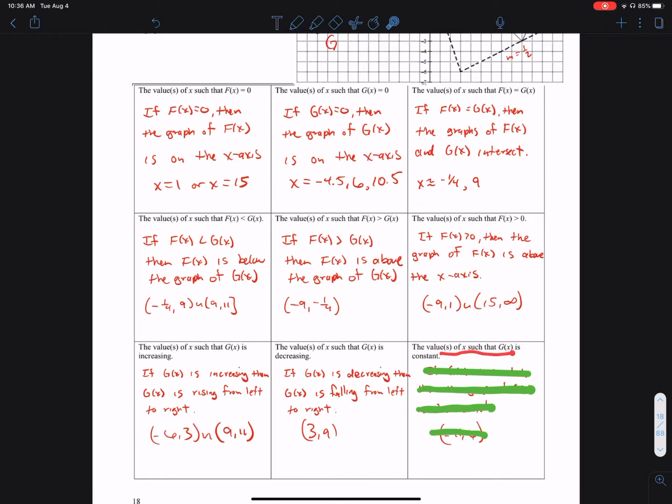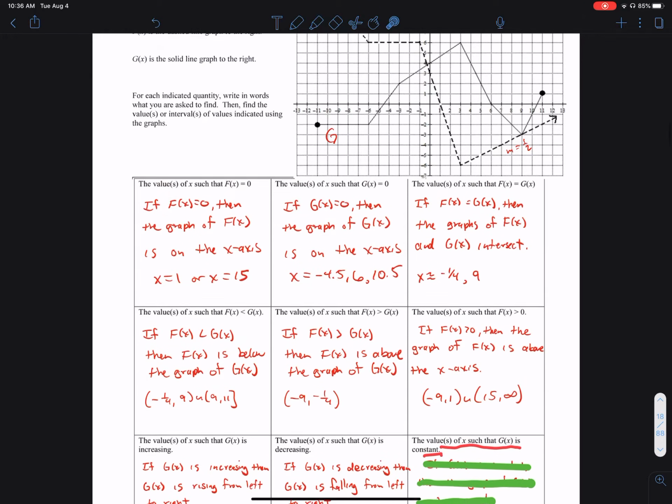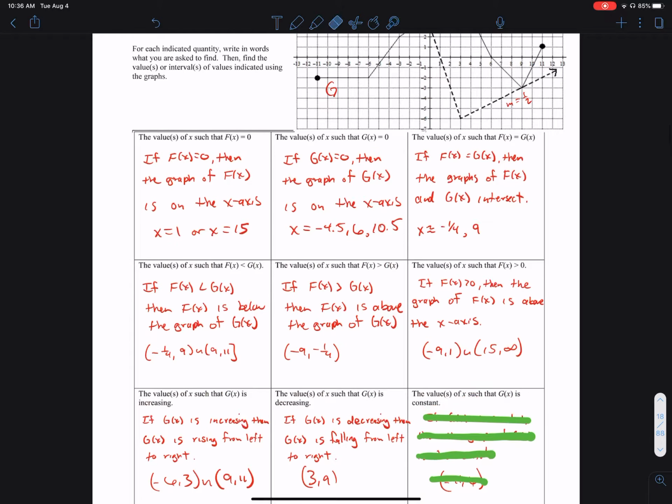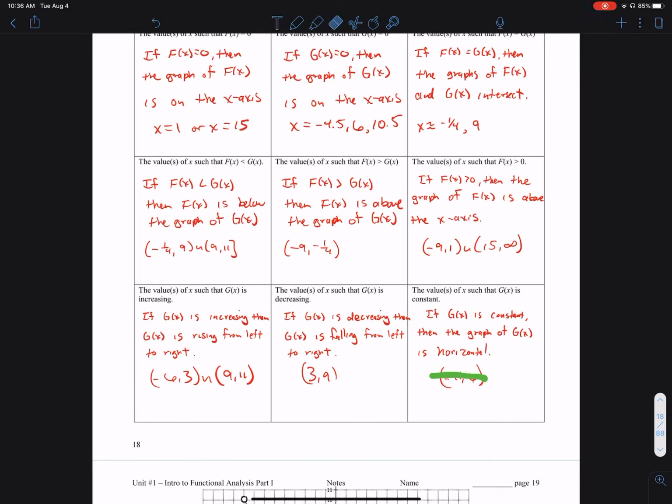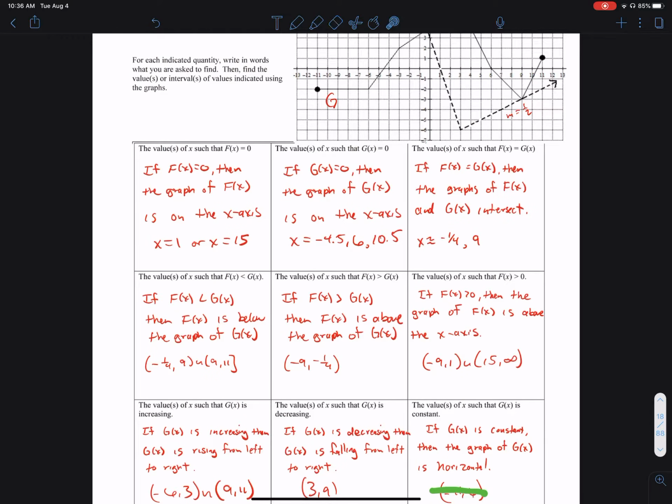The values of x such that g of x is constant. So what does that mean? If g of x is constant, then the graph of g of x is horizontal. It's horizontal from -11, inclusive, to -6, not inclusive. You know what? I take that back.